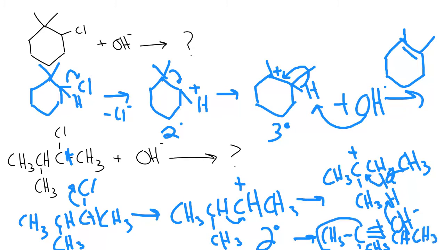Hopefully you can even kind of read that. But yeah, so we just went from a secondary to a tertiary carbocation again, and then the hydroxide took the adjacent hydrogen from that beta carbon, and we're going to take it from this carbon instead of this one because that will give us the more stable product, and these are E1 reactions, so we're always making the more stable product, okay?